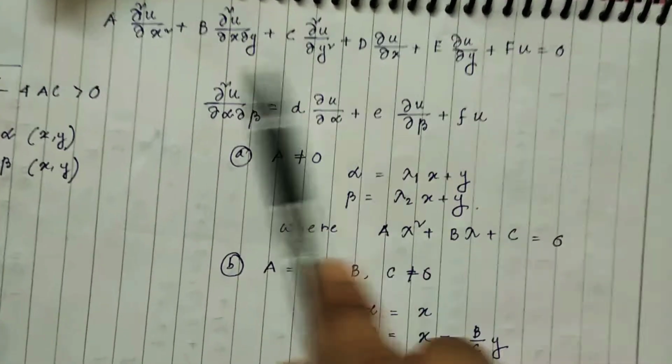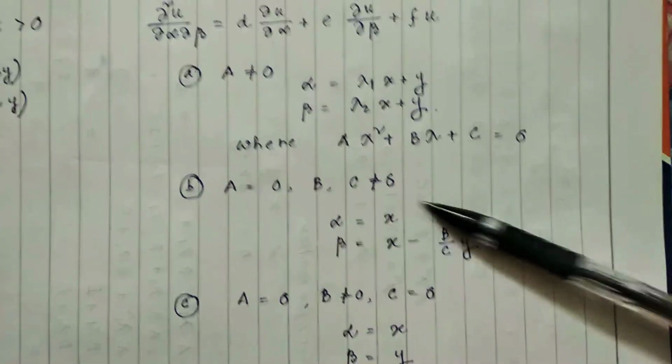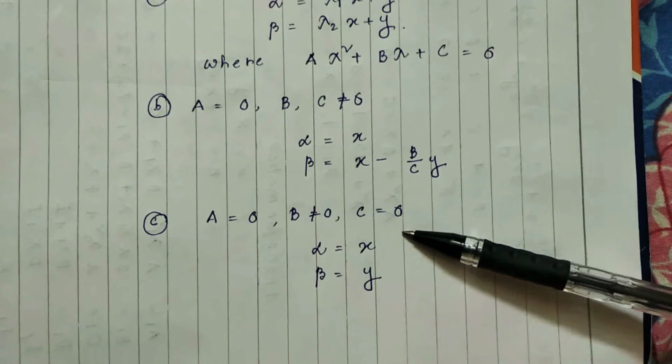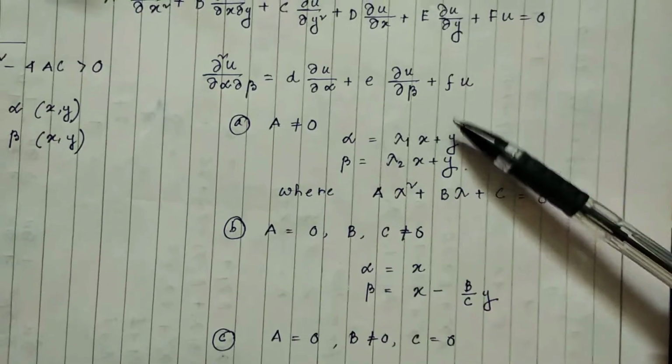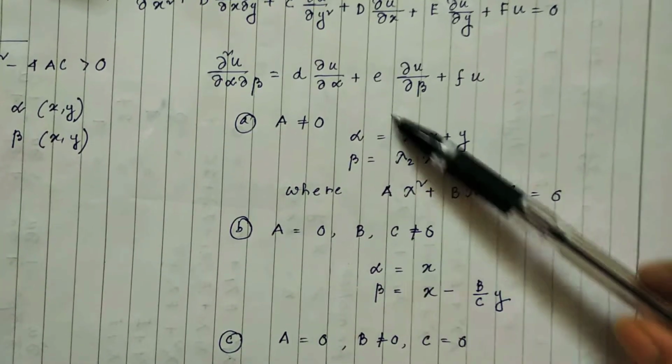Still the equation is hyperbolic, but the transformation is slightly different. And whenever a is 0, b non-zero and c is 0, the transformation is alpha is x, beta is y. So you have to memorize these transformations accordingly.